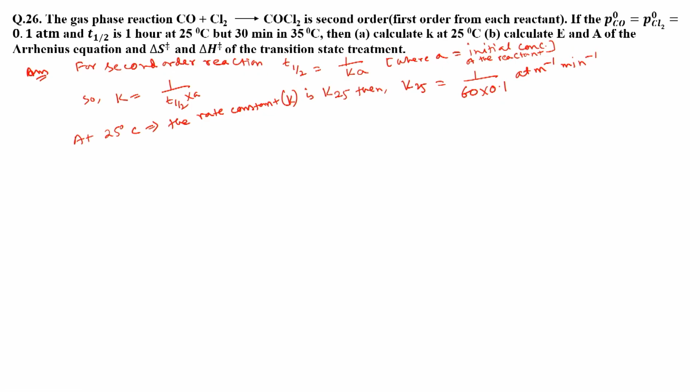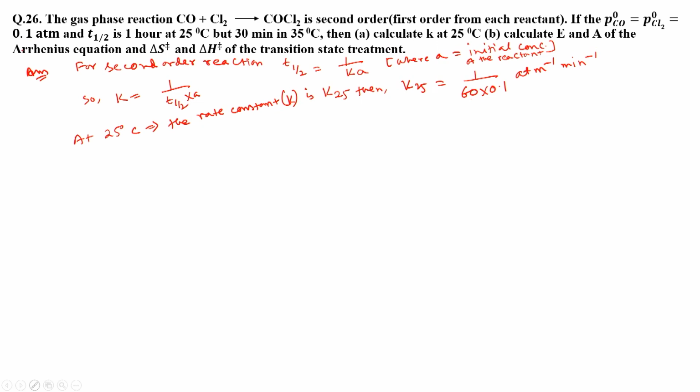Here 0.1 atmosphere is the initial concentration, and T half is 1 hour, so 60 minutes, we are converting hour to minute. Here it is pressure P naught.